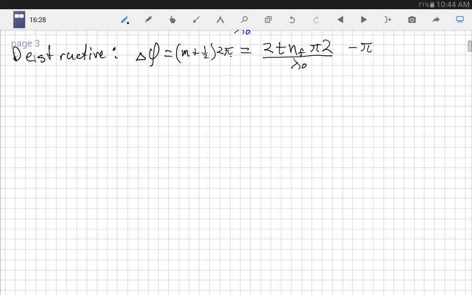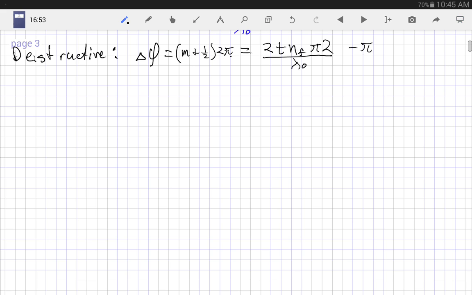We have 3 halves, 5 halves. My brain has gone soft. We have pi, 3 pi, 5 pi, 7 pi. Right? If you put m equals 0, you have pi. If it's m equals 1, you have 3 pi, and so on. So here's my condition for destructive interference.